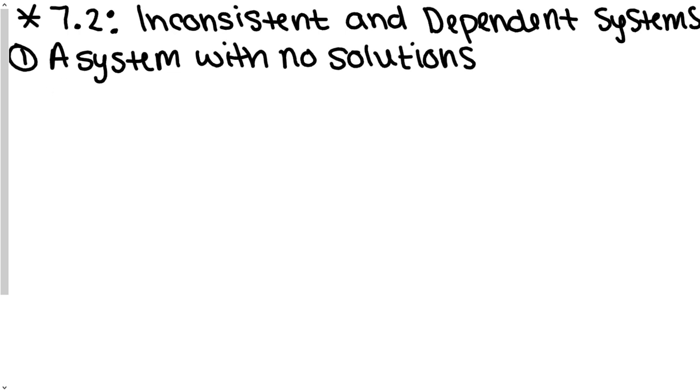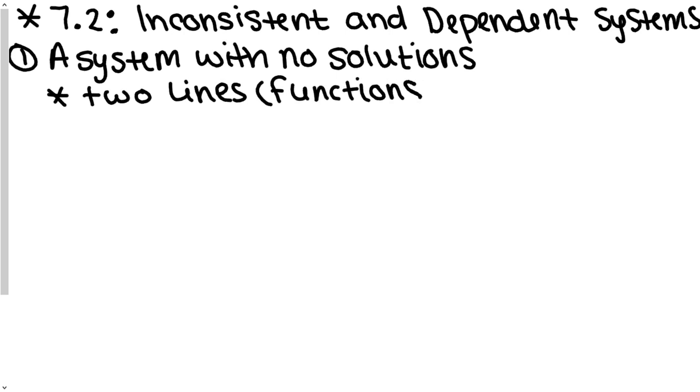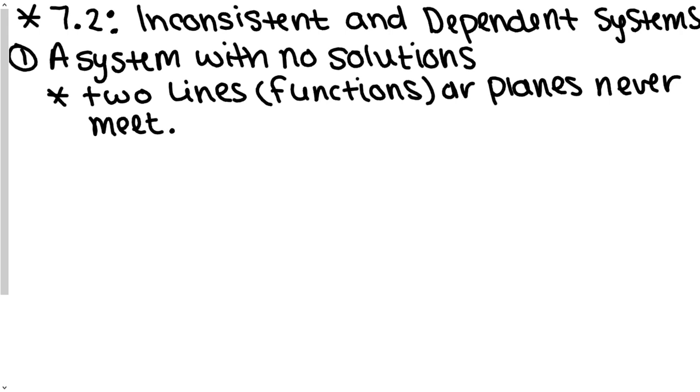A system with no solutions is a system where the two lines or planes never meet, which makes sense because a system solution is either a point or an equation of the line.